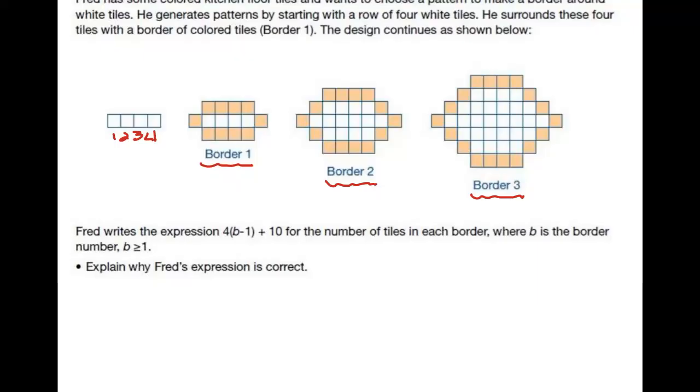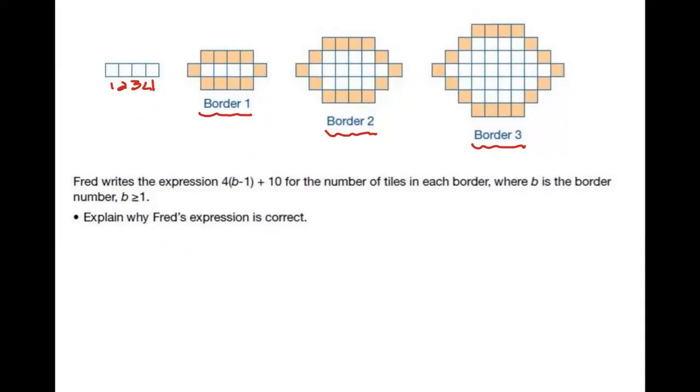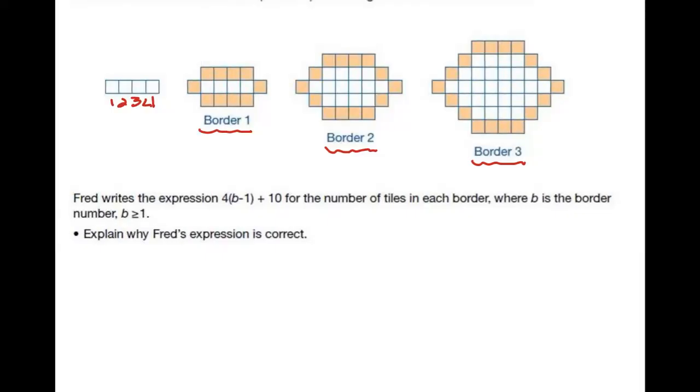Fred writes the expression 4 times quantity B minus 1, plus 10, for the total number of tiles in each border, where B is the border number. Why is his expression correct?